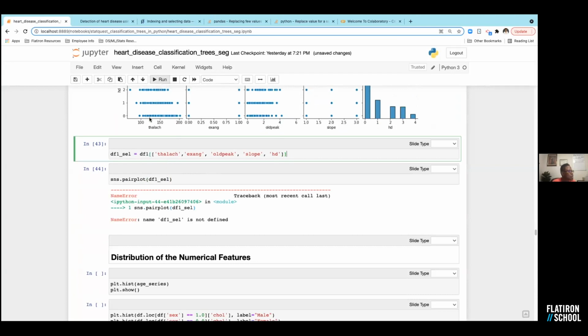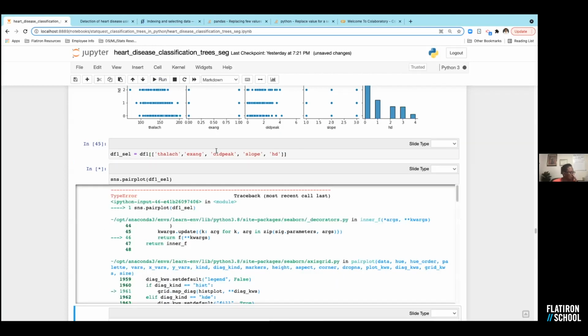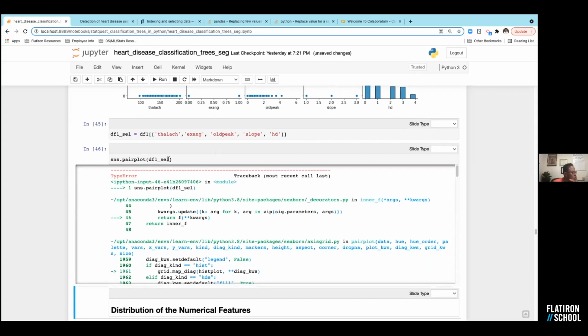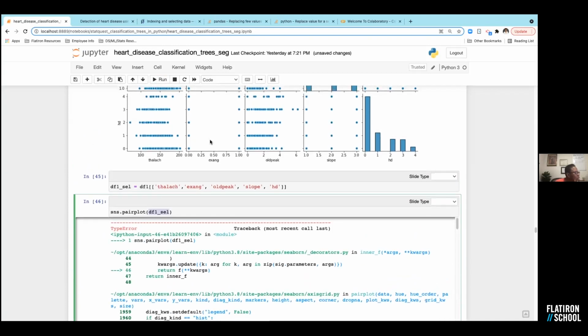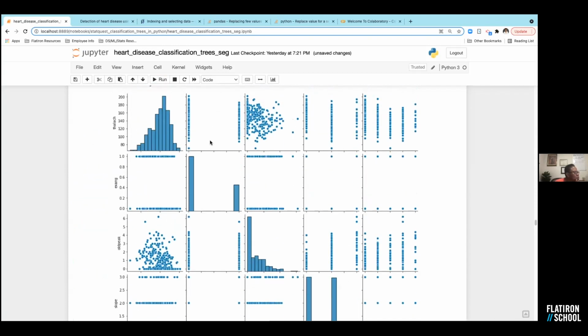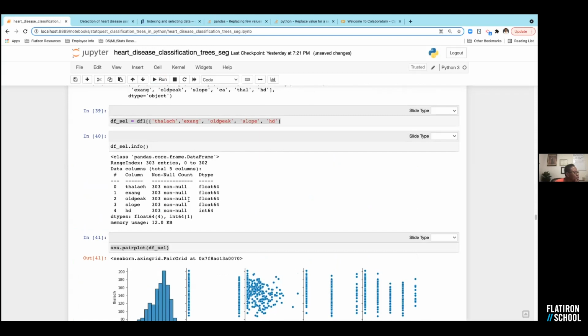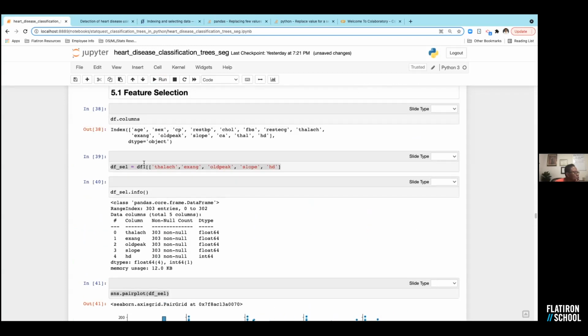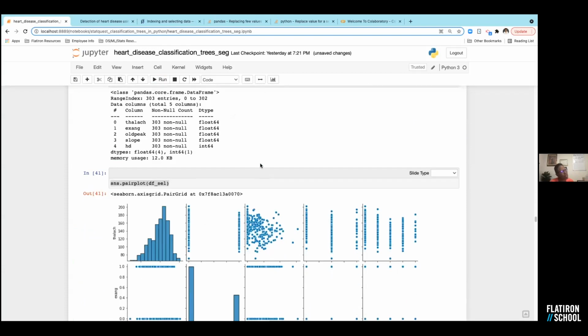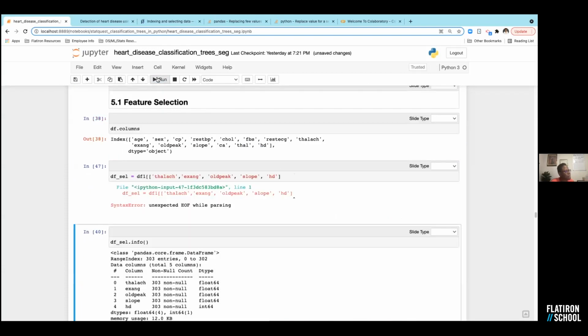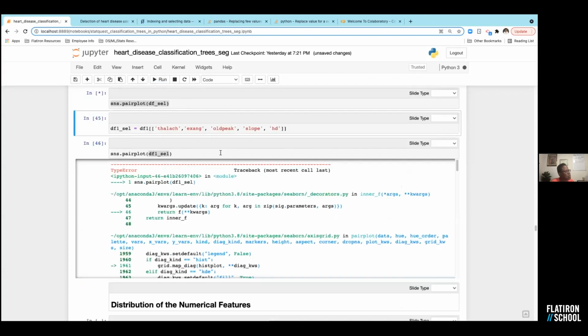I'm not sure. So I'm selecting just these columns from the larger data frame, and hopefully that will work. I think I messed up. The columns are probably not the same that I had lined up before, and now it is giving me an error. Oh, I already selected. Oh, but why is this not doing a binary?